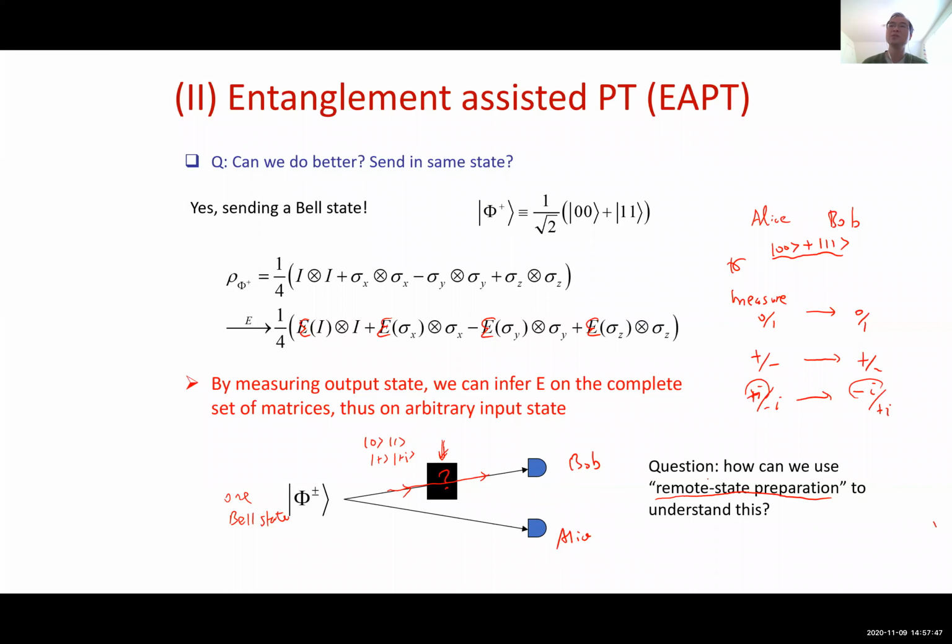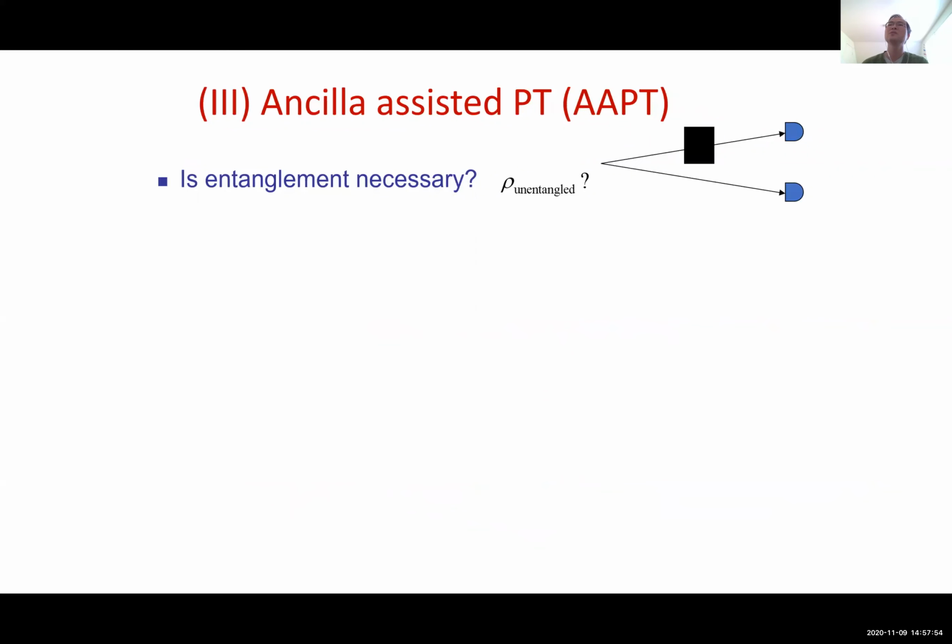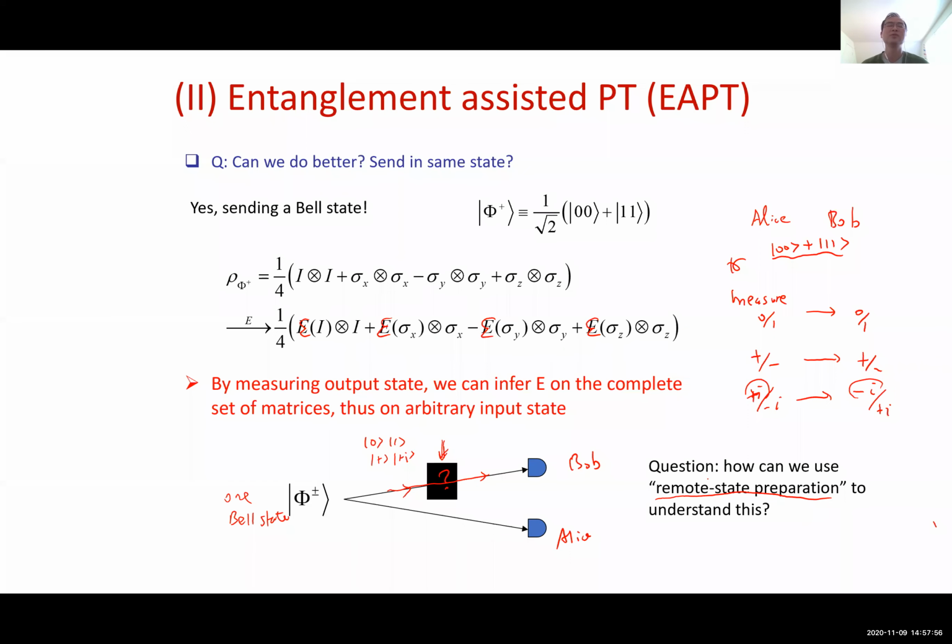Okay, does that make sense? Quick question. So if there is noise on Alice's side, that would also get imprinted on Bob's side.